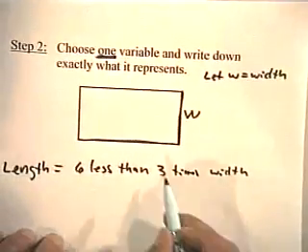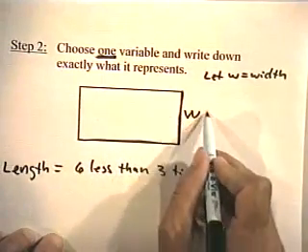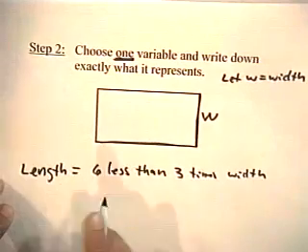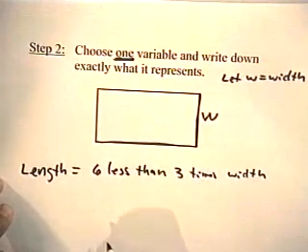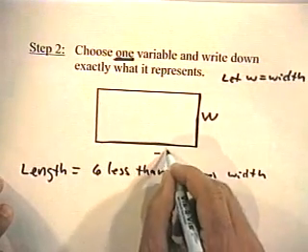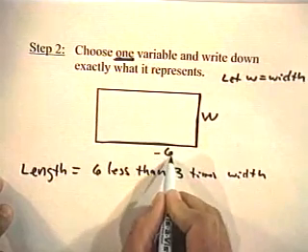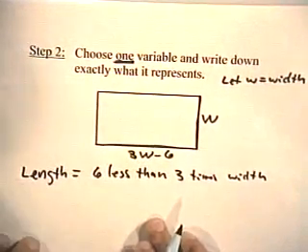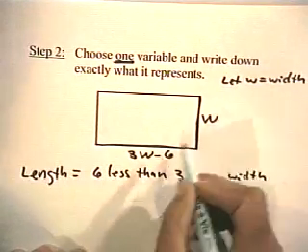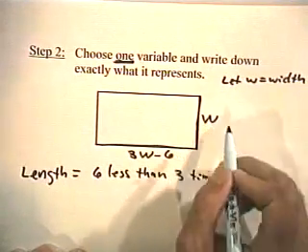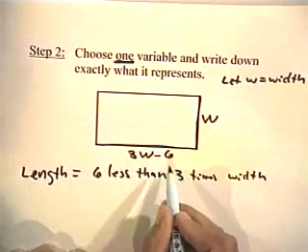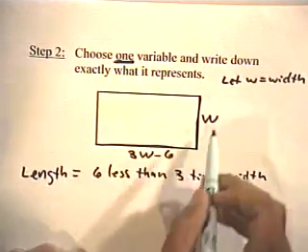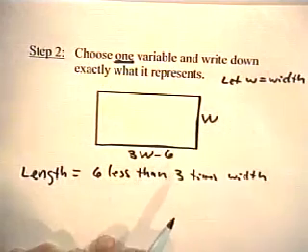Now, how can we represent the length with this variable W? Well, right here it says that my length is 6 less than 3 times the width. So it's 6 less than 3 times the width. And now if we notice, my width is described with W's. My length is also described with W's. So I have chosen one variable, and it represents everything that we need to know.